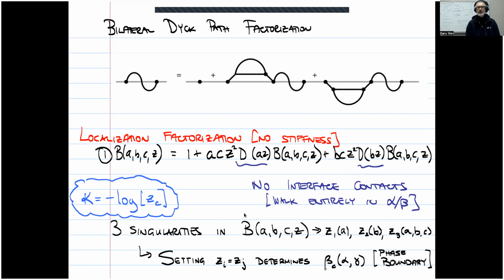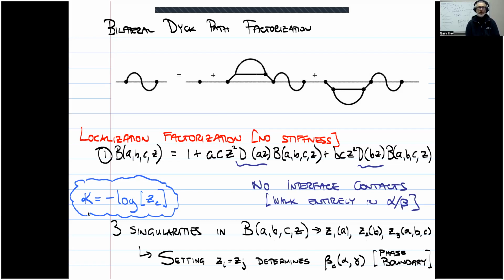What I want you to know is that this generating function b has 3 singularities in the total step variable z. There's a very simple singularity, call it z1, which only depends on the a variable, z2, which only depends on the b variable, and z3 is a more complicated singularity, which depends on all 3 counting variables, a, b, and c.